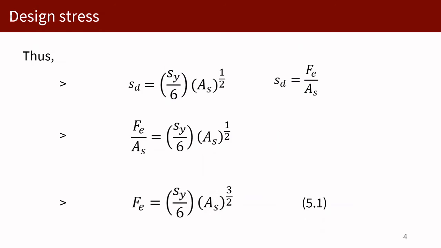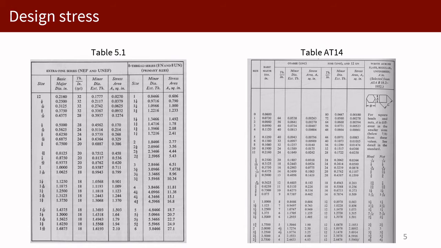So what is the diameter? The diameter is simply the nominal size of the bolt. Given the nominal size of the bolt, we can look up the tables, Table 5.1 and Table 8.14, for the corresponding nominal sizes, stress area, and thread series, whether UNC, UNF, UNEF, or other thread series.